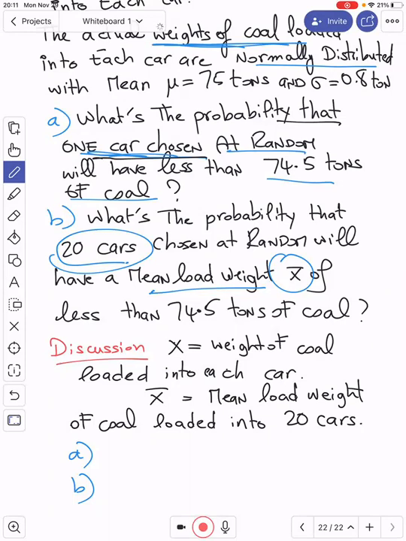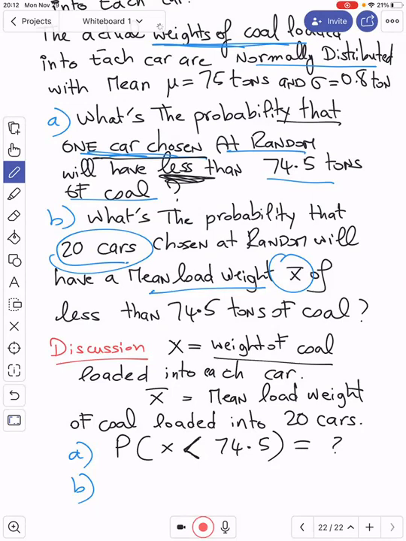So that's the probability that your X, the weight of the coal loaded in each car, is less than 74.5. And because your X follows the normal distribution, as a first step we can convert X to Z and then use the table.